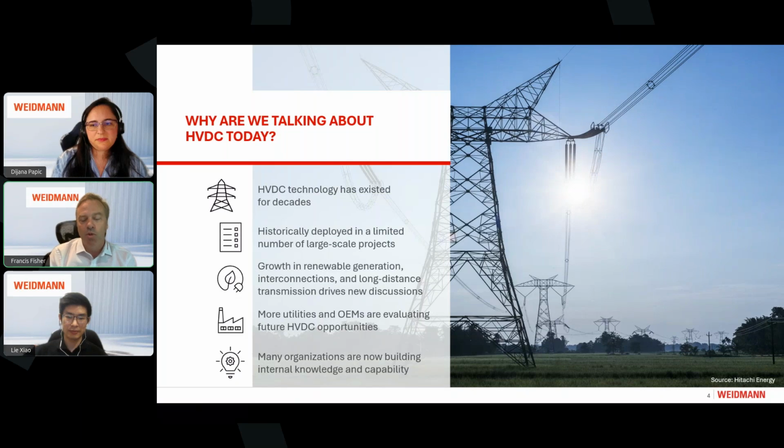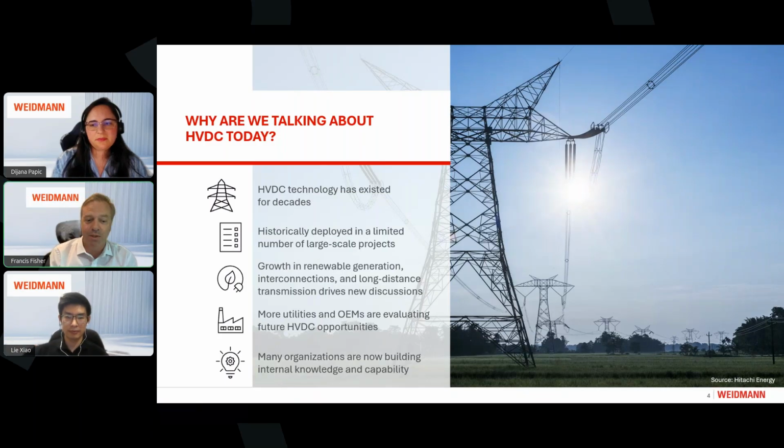Whereas today, with growth in renewable energy generation, interconnections, and long distance transmission lines, we're seeing more and more questions at Weidmann coming to us about our experience with DC and knowledge sharing, basically.